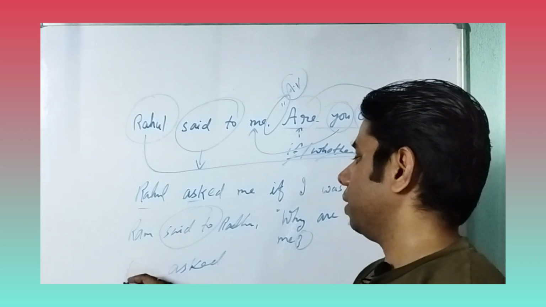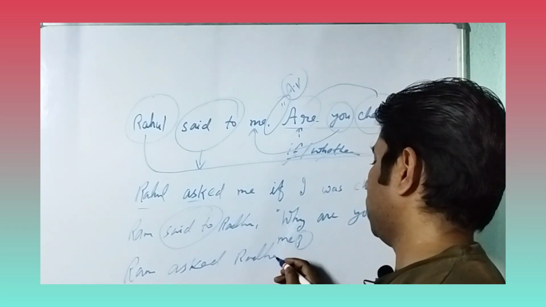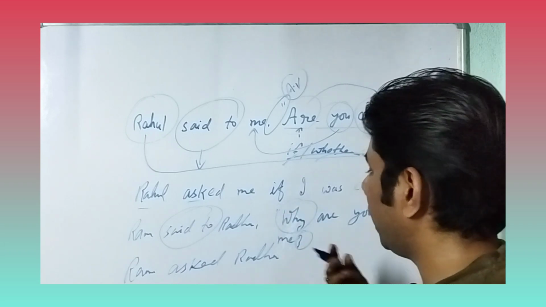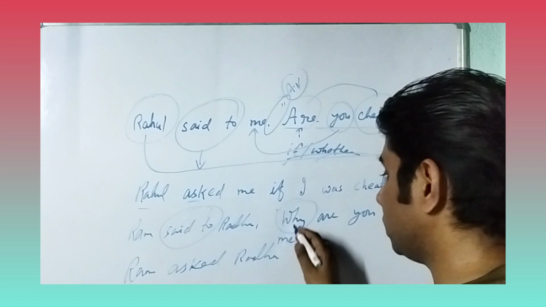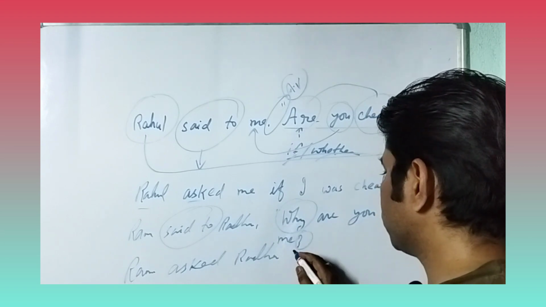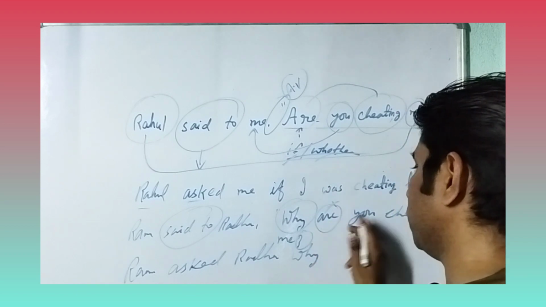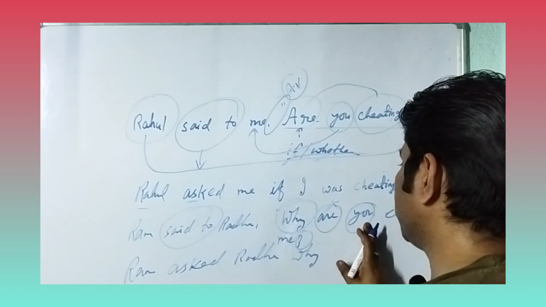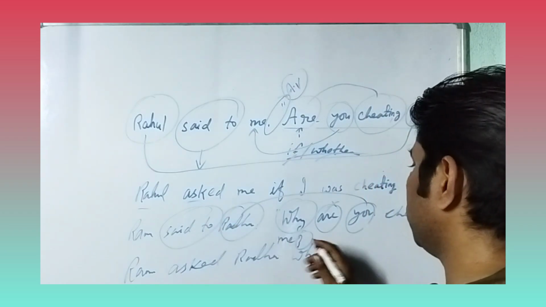So Ram asked Radha, and you must not use if; you have to use the same word that is given here. So you should use why, and you have to use this part first. Here it is given you, second person, related to the object.